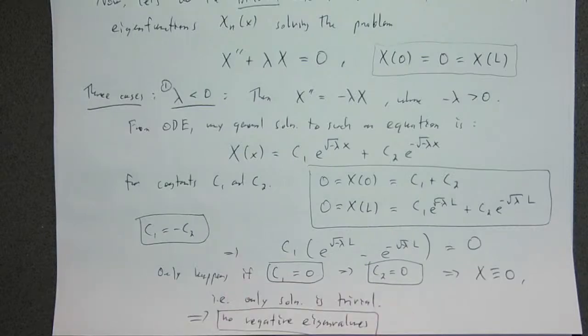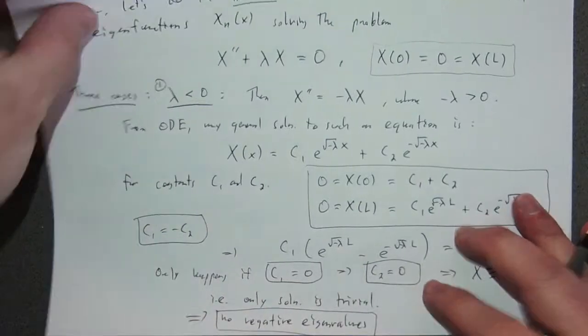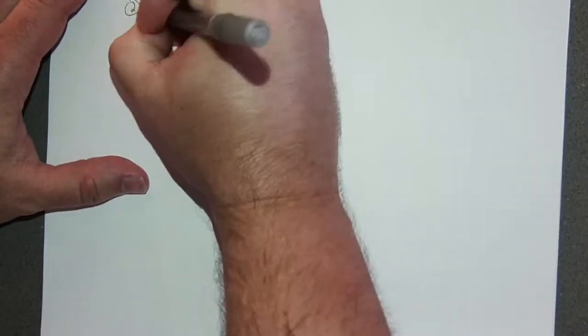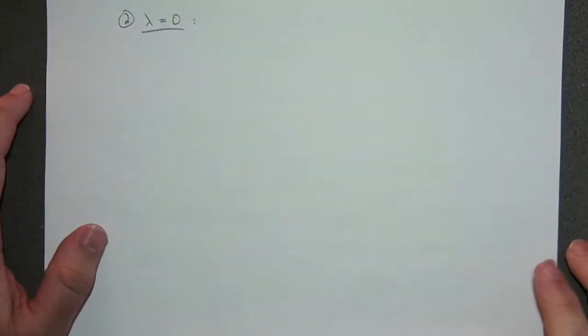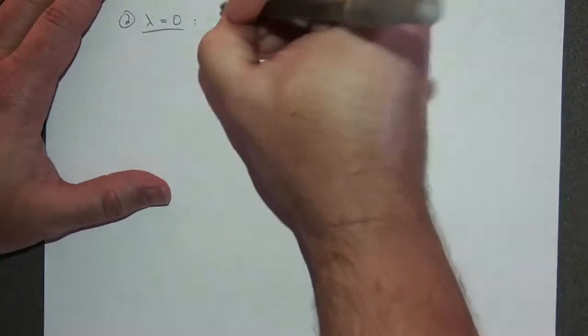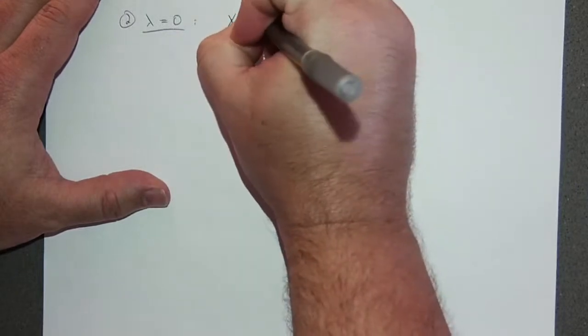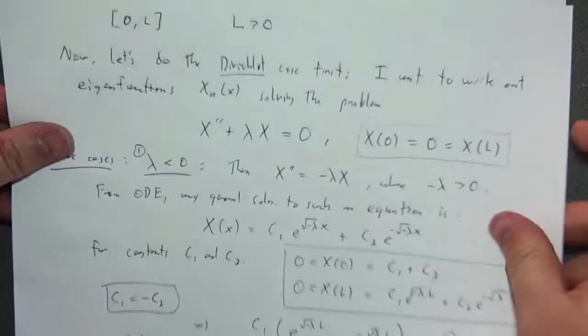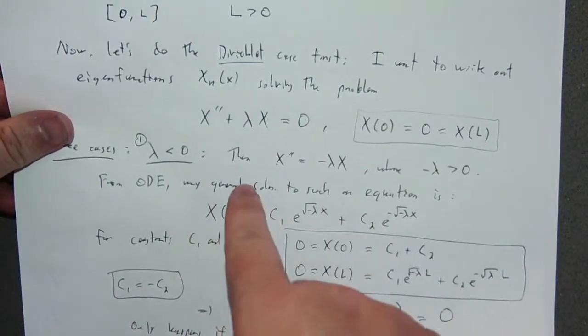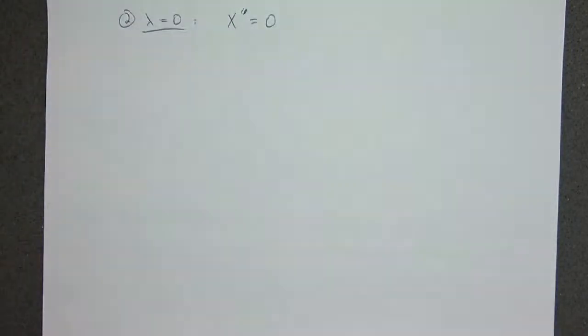Okay. What about the case that lambda is equal to 0? Well, in this case, x double prime is equal to 0, right? Remember, my eigenvalue problem is x double prime plus lambda x equals 0. If lambda is equal to 0, then x double prime has to be equal to 0.